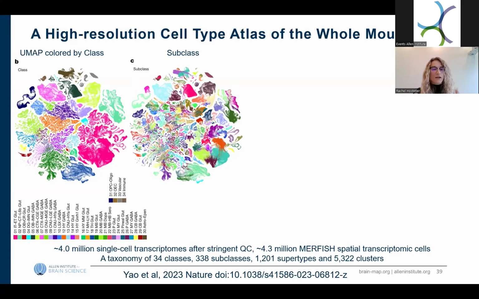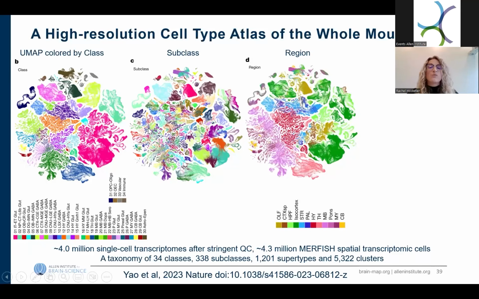Then our next division is subclasses, so subclasses within the class. And there are too many subclasses here to list on the diagram, but as you can see here, they are color-coded and they are grouped together based on their subclasses. Another way to analyze these data is by looking at the different regions that they came from. So this is from the whole mouse brain.